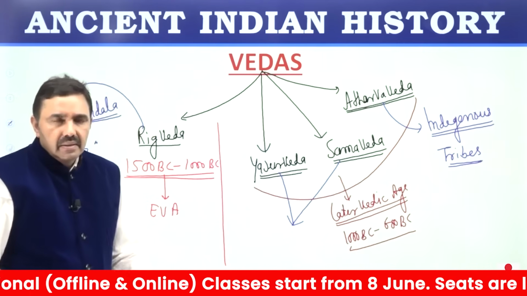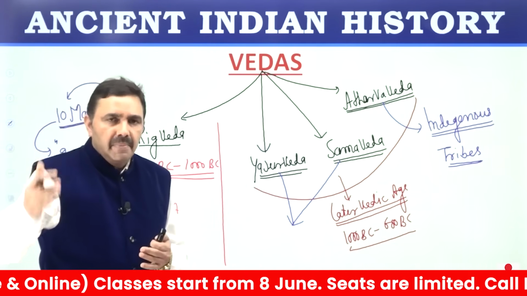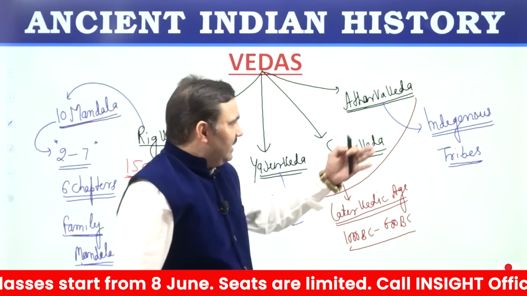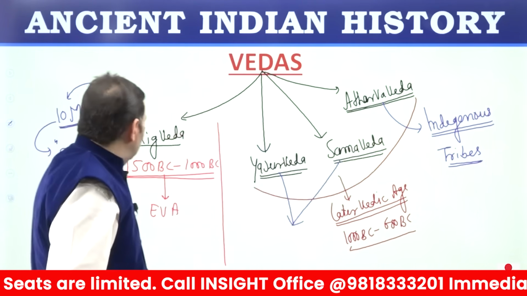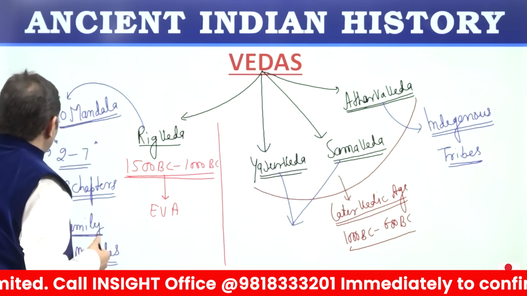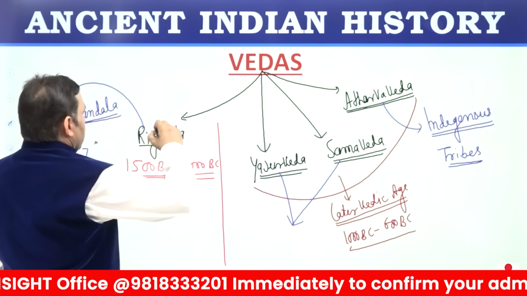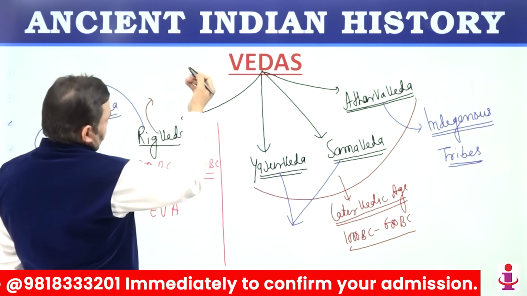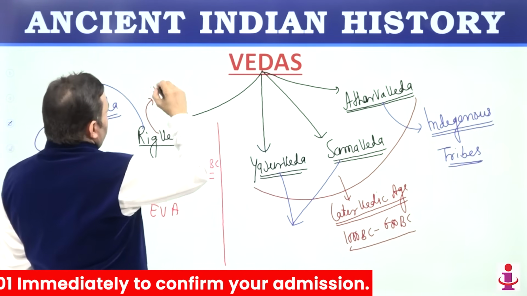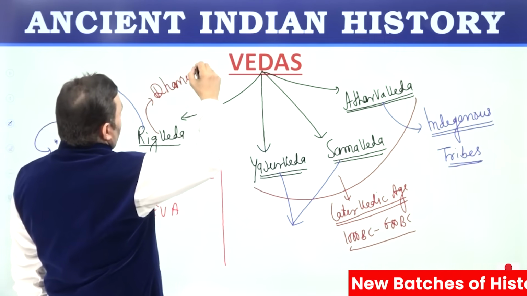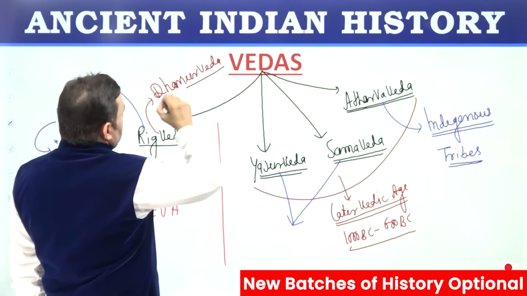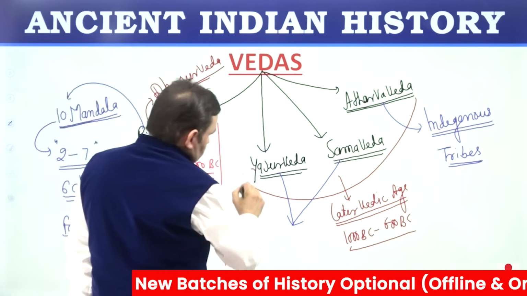Ayurveda is a part of Atharveda or is associated with Atharva Veda. Similarly, here also there is one similar Veda that is known as Upaveda. Dhanurveda. So Dhanurveda was Upaveda of Rig Veda.